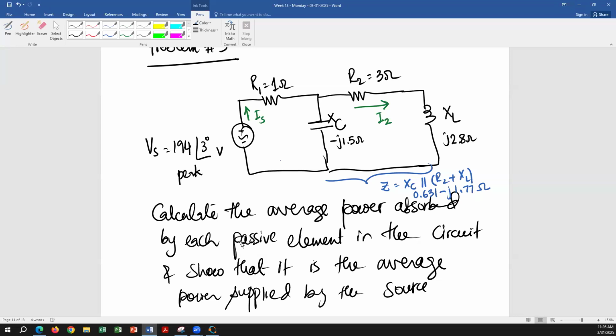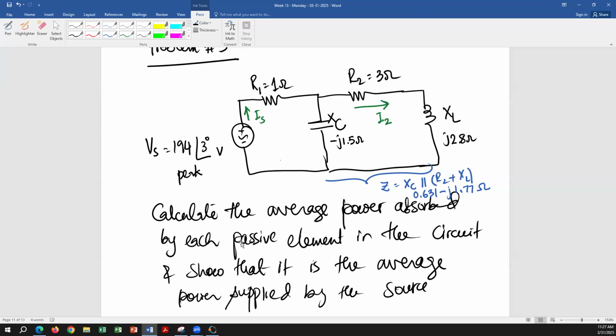So cosine of 90 is going to be 0, no active power, and sine of 90 is 1, pure reactive power. So there will be reactive power supplied by the source, which is going into XC and XL, but active power is only consumed in R1 and R2, and that's what we saw, that the active power of the source is the same as the total of the active power in R1 and R2, where average power is the same as active power.